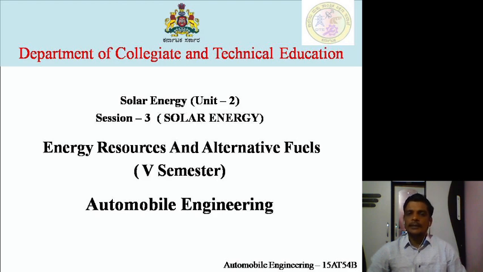As we know, they are used to know the intensity of radiation so that we can get the correct output from the solar collector to fulfill our requirement. This is what we studied in the first and second sessions.